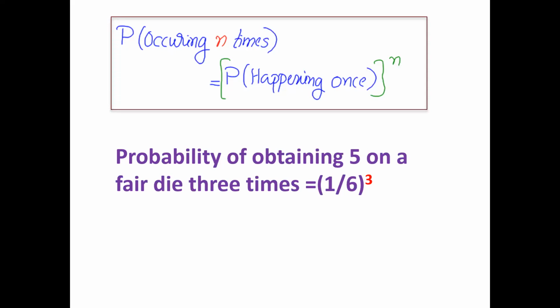The probability of getting 5 once is 1 upon 6, but we want to get 5 three times. Do you play any game in physical form which involves dice? Ludo. Very good. Is it more probable or less probable to get one number 3 times back to back? Less.